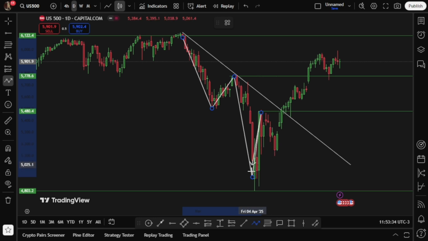That tells you that the sellers could not push price any longer, and the buyers took over, now creating a higher high, a higher low, a higher high, and now a higher low.